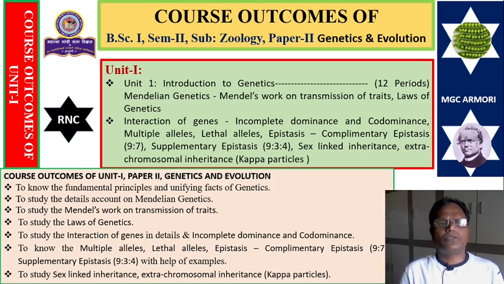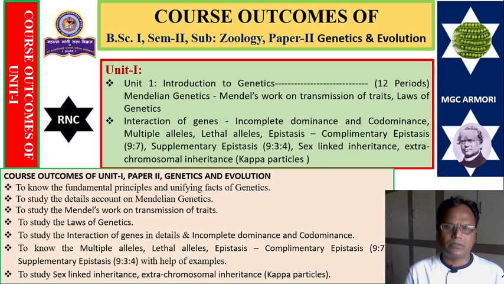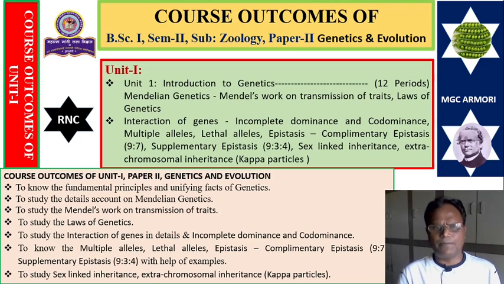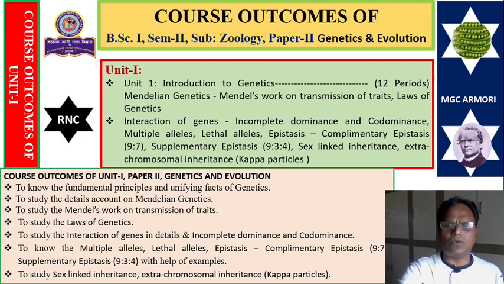From the study we will also learn the interaction of genes, how the genes interact, and the exceptions to Mendel's law, that is incomplete dominance and codominance, with the help of examples. Lethal genes, multiple alleles, epistasis, all things we should learn from unit number 1. This is our outcomes of unit number 1.